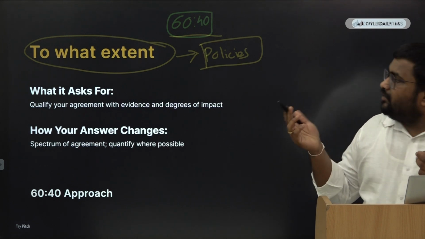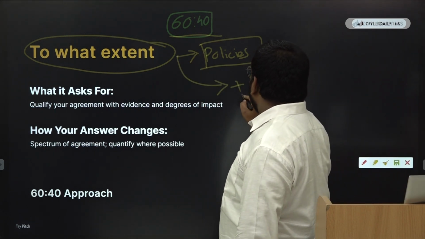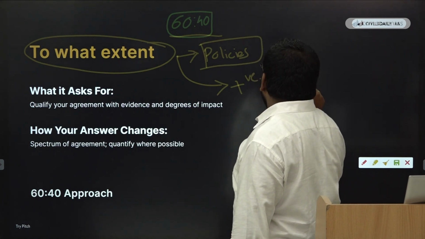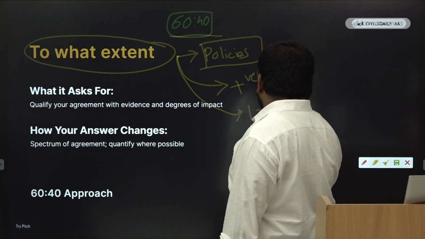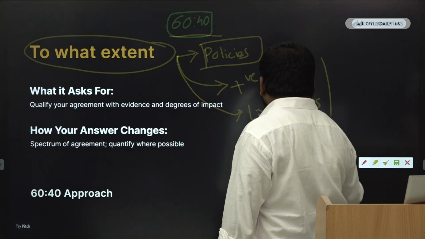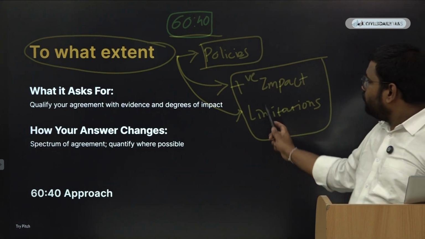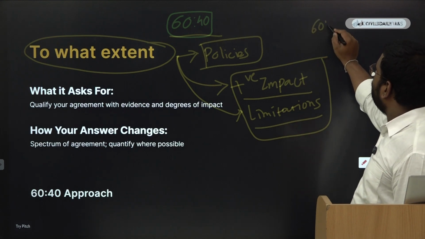So when they ask you to what extent, that means you have to highlight the positive impact of it, and you have to highlight the limitations of it. Depending upon its overall analysis, whether positive impact is more or limitations is more, you will apply 60-40.